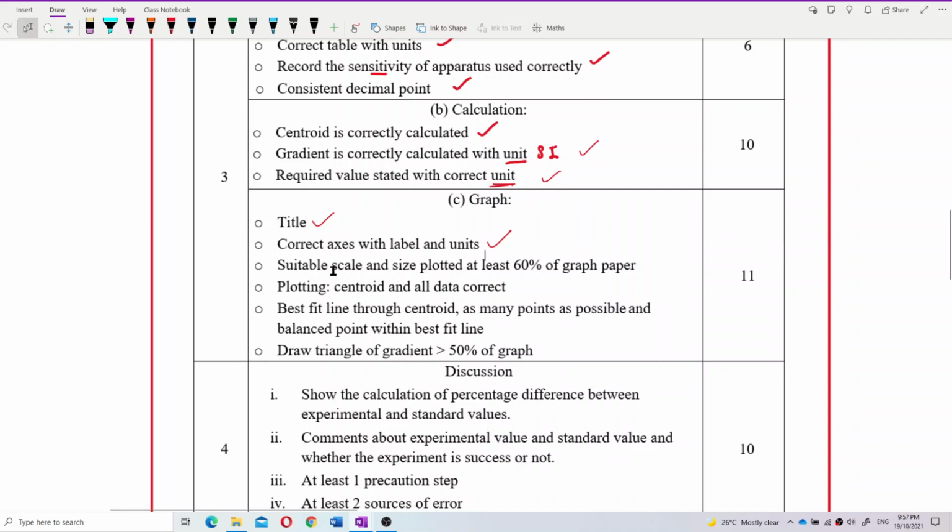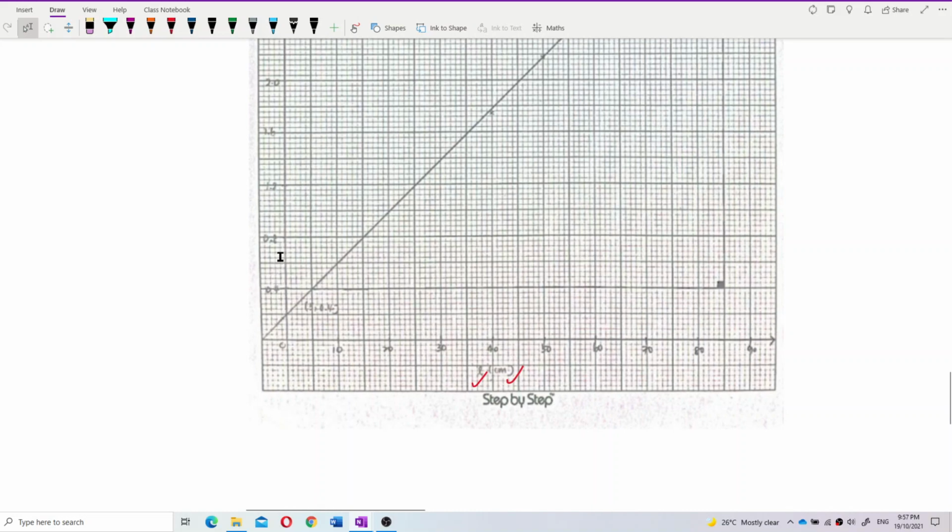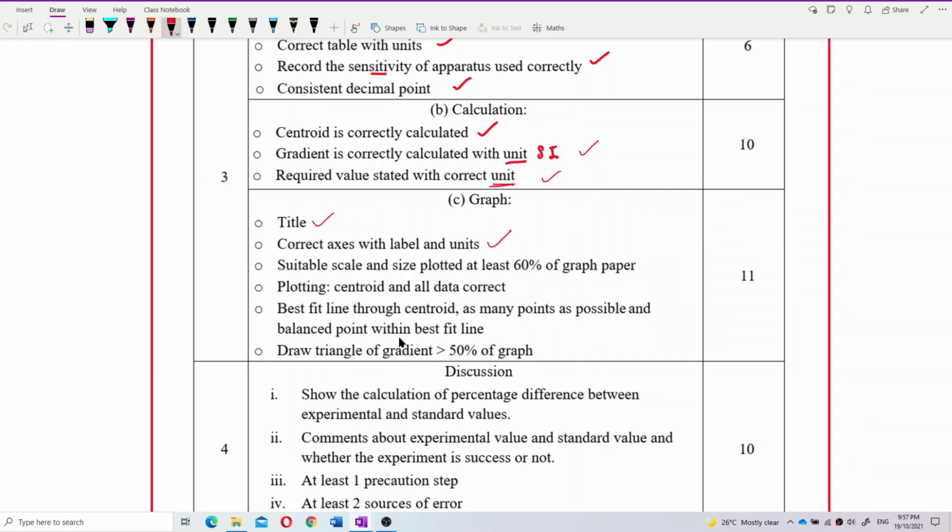Then how about the suitable scale? Is it a suitable scale? Any broken scale or odd scale? Yeah, suitable scale: 0.4, 0.8. Good. 0, 10, 20. Suitable scale, no broken scale, and it starts from 0. So good.